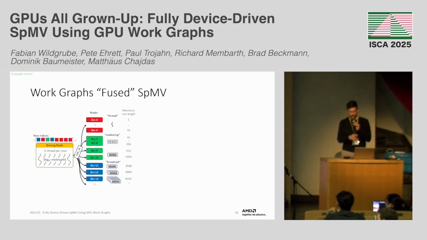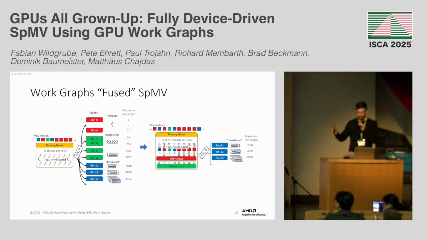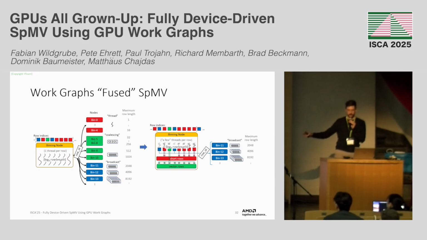So taking our graph that we already know here on the left, we took all of the code for the red and the green nodes, so the short and the medium long rows, and moved them into the binning processing. And all that we do is take a look at the row lengths at the start, and we find if any of the threads would be ones that run very long, and they write out records to trigger node launches for those rows with more threads as needed, but the rest can happen in that workgroup right away.